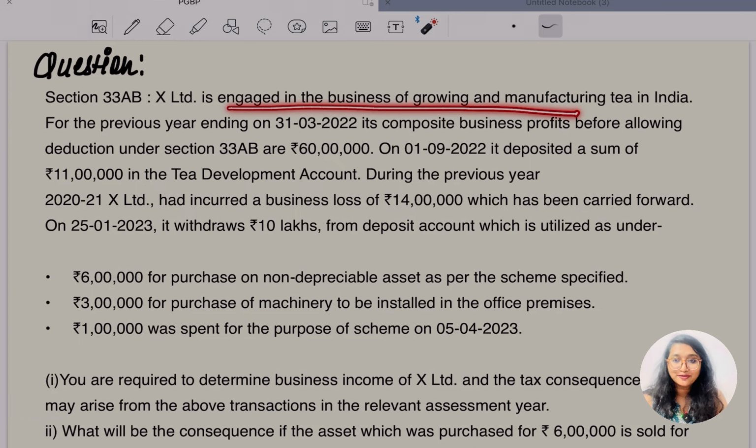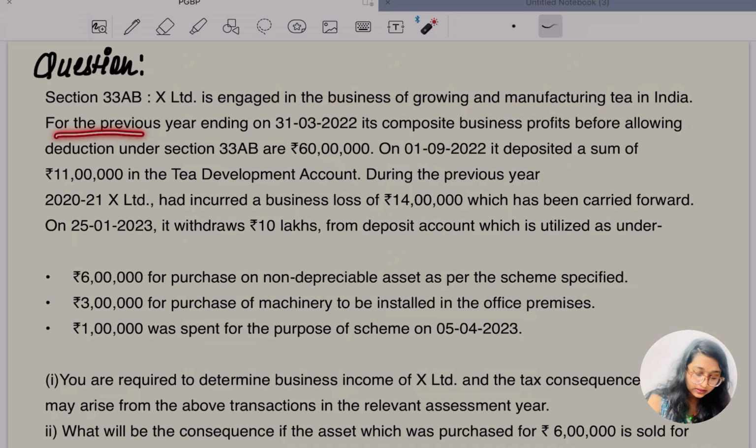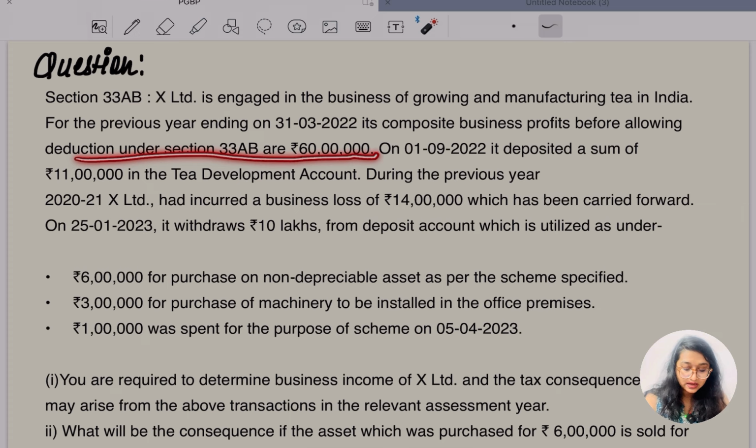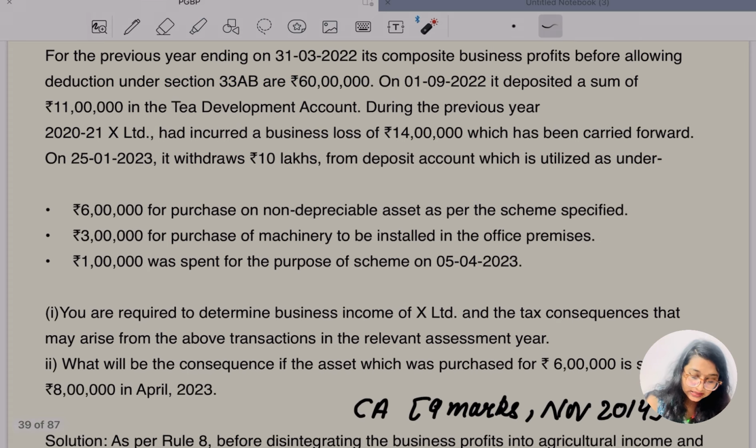So let's be very quick, guys. We are going for one question, let's do it quickly. X Limited is engaged in the business of growing and manufacturing in India. For the previous year ending 31/3/2022, its composite business profit before allowing deduction under section 33AB is 60 lakh. It deposits a sum of 11 lakh in the tea deposit account. Now what is going to happen? They have given me the business income.